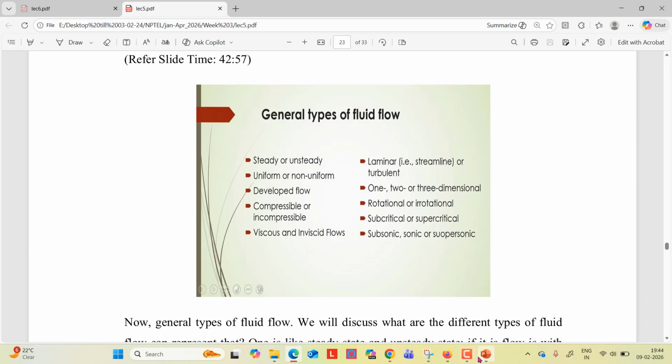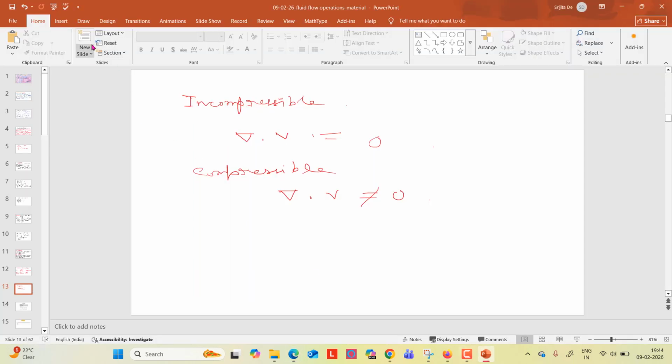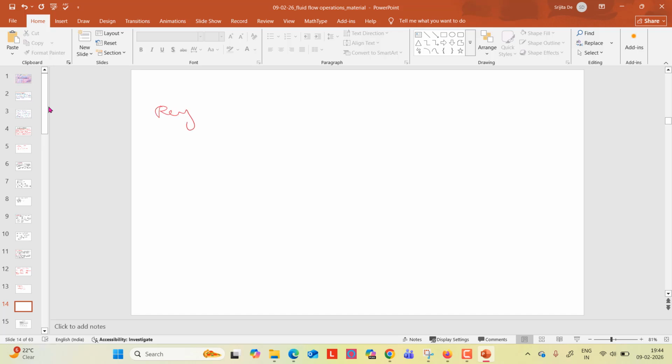So Reynolds number is a ratio of inertial force to viscous force.